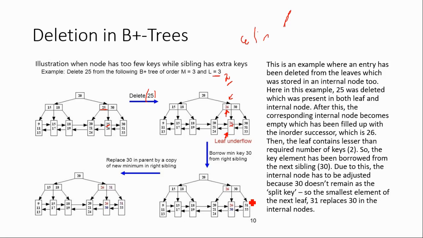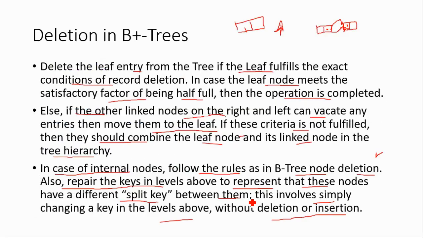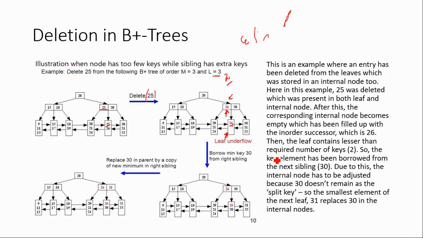So you can say that in case of B plus tree, first we check the right side, and if it is not there on the right side, then you have to check the left side. So they check the right side, which has 30, and it has the maximum number of leaf node elements that can be stored. Now we borrow 30 from there and put it here.